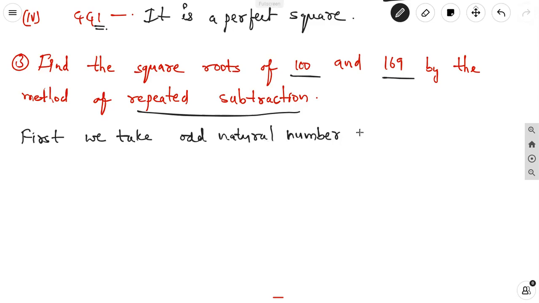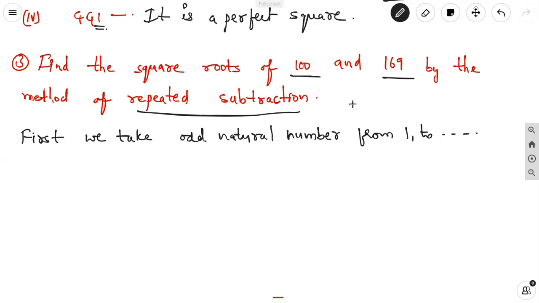We take odd natural numbers from 1 and so on. Start from 1 and subtract the next consecutive odd numbers from the given number. The repetition goes on. How many odd numbers are subtracted until it makes 0?